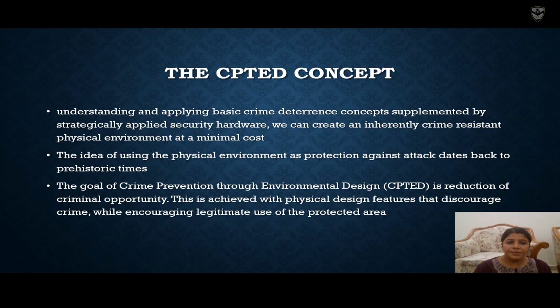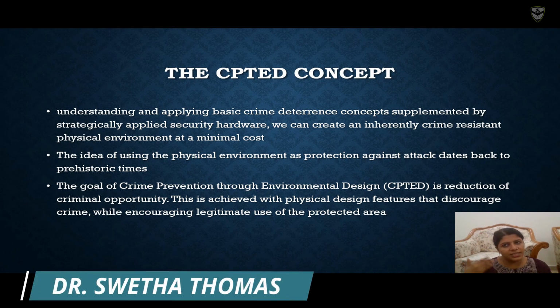Now, the concept as such involves understanding and applying basic crime deterrence concepts, supplemented by strategically applying security hardware, which can create an inherently crime-resistant physical environment at a minimal cost. The use of physical environment as protection against attack dates back to prehistoric times.